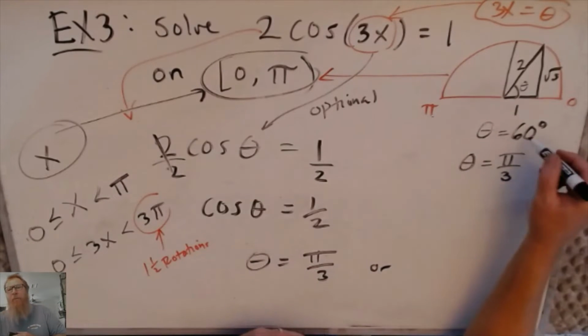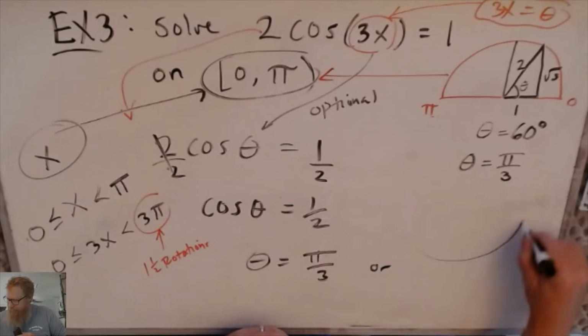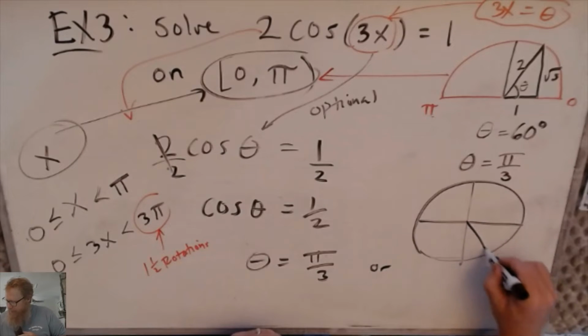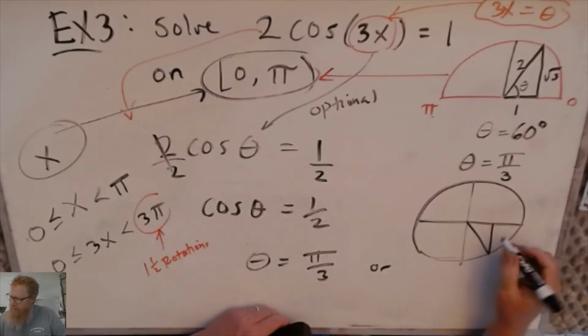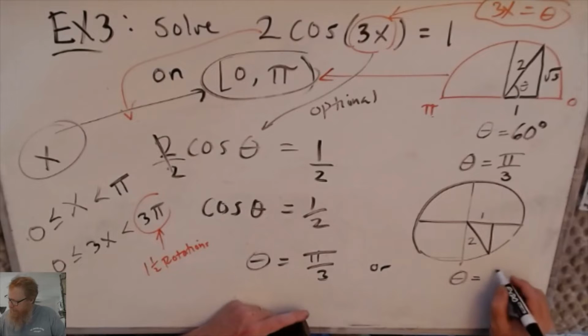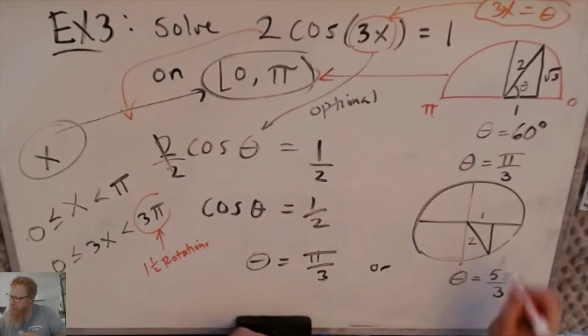So this is one possibility, but I also could have down here in quadrant 4, so theta could be 5 pi over 3, which is the same as 300 degrees.